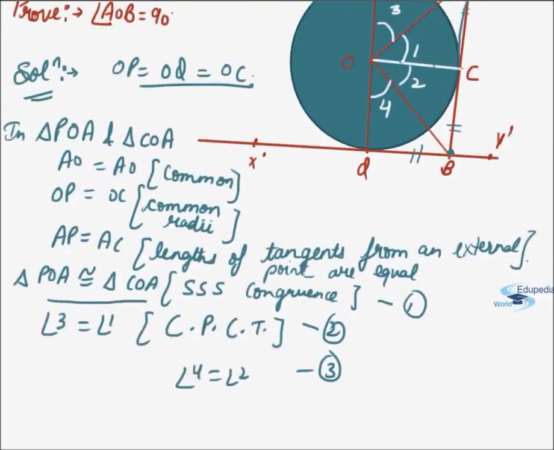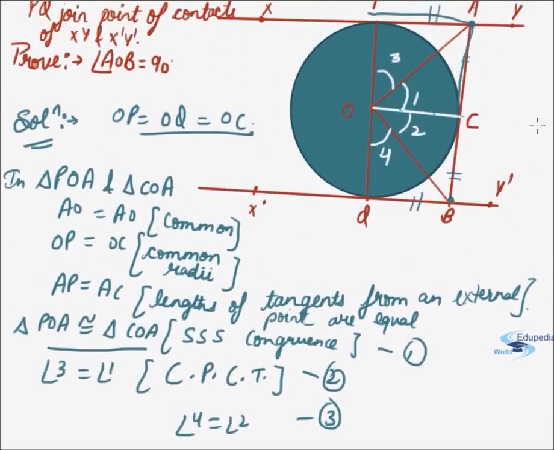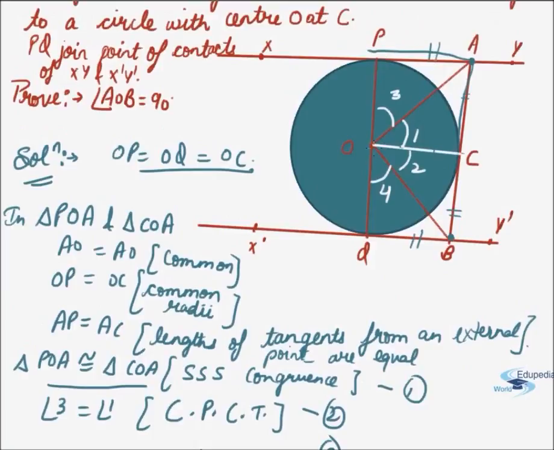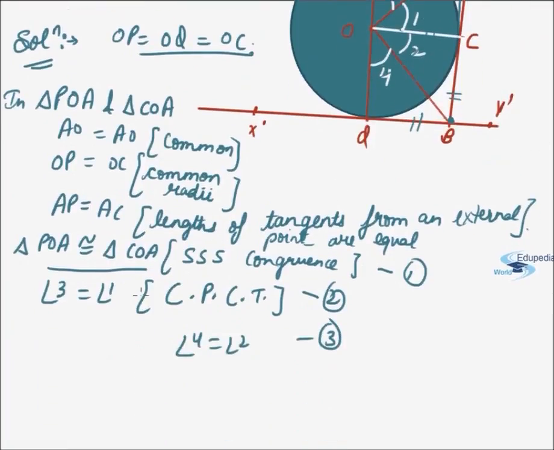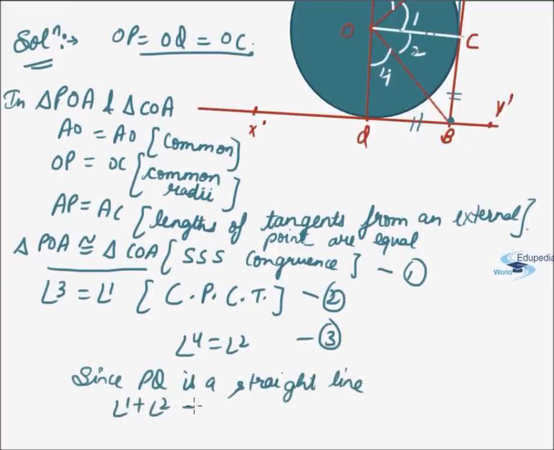So now, since PQ is a straight line, therefore this complete angle will be 180 degree. That is, since PQ is a straight line, therefore angle 1 plus angle 2 plus angle 3 plus angle 4 will be 180 degree.